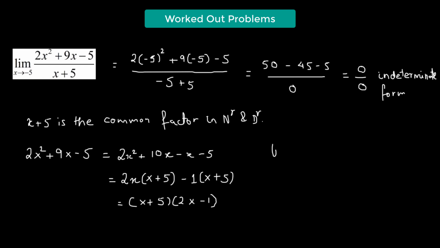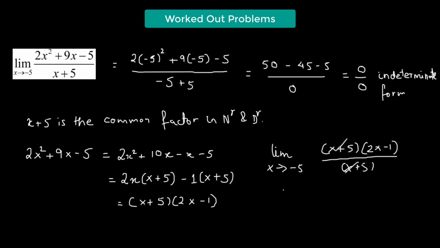Now we are going to replace the numerator by this factorized value. So we have limit x going to negative 5. So the numerator will be now x plus 5 times 2x minus 1 divided by x plus 5. So we see that the common factor x plus 5 is present in both the numerator and the denominator.